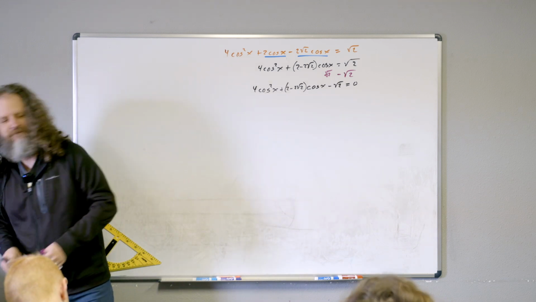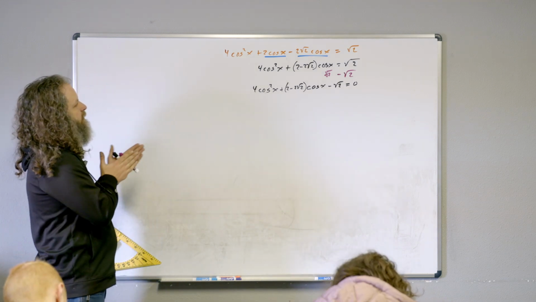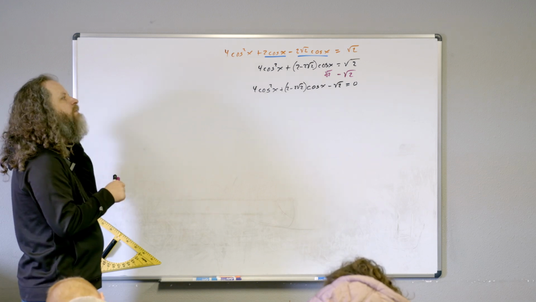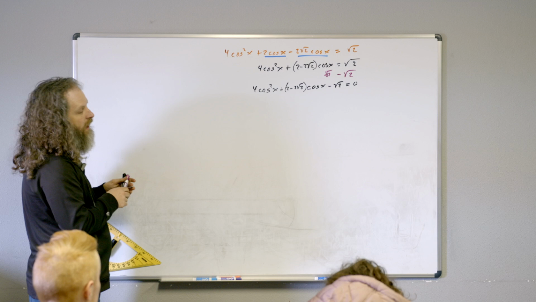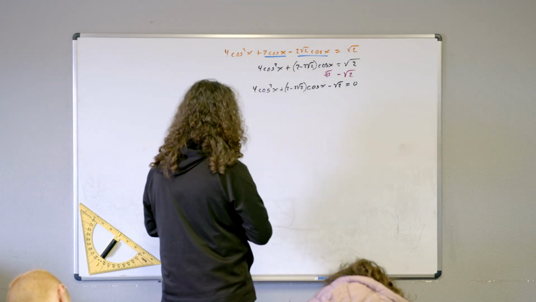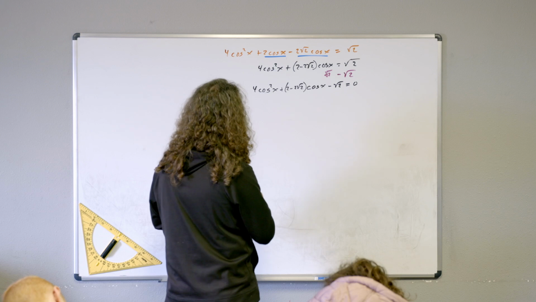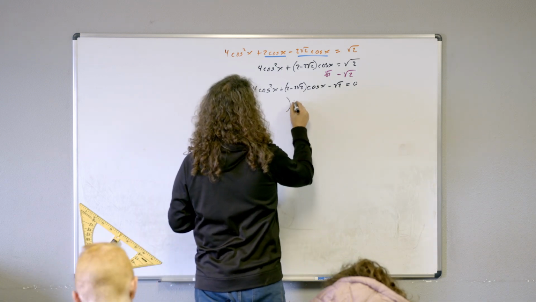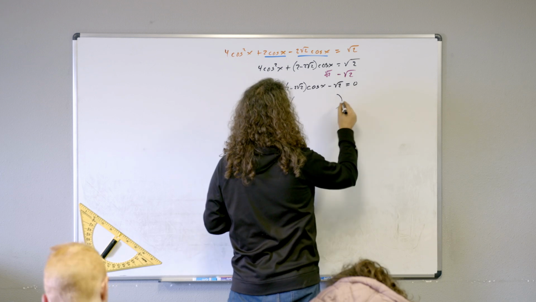Okay, so it's going to be 2 parentheses, right? Is it going to be 2 cosine x in the first? That's the easy one, right? The first slot is easy. It's going to be 2 cosine x times 2 cosine x.